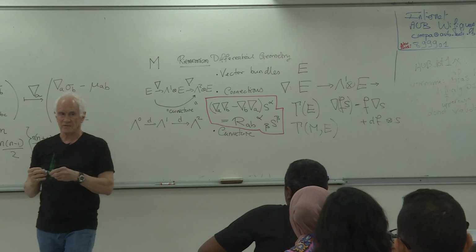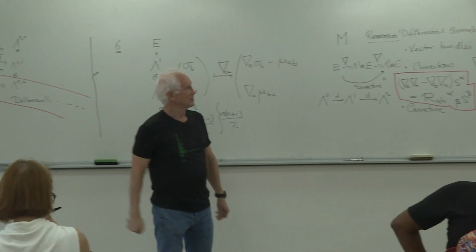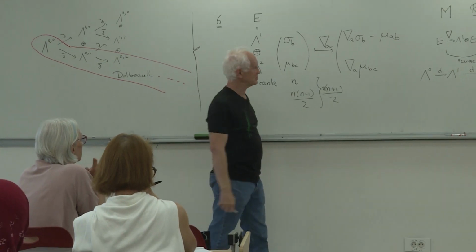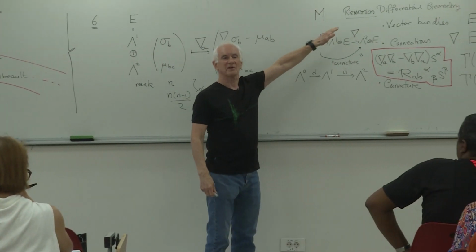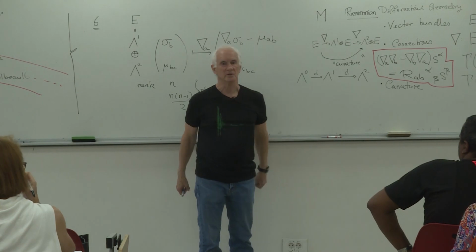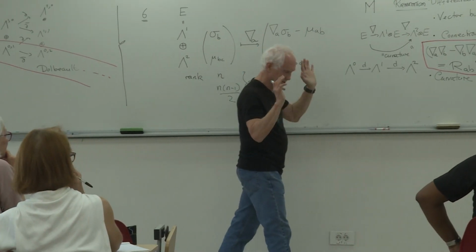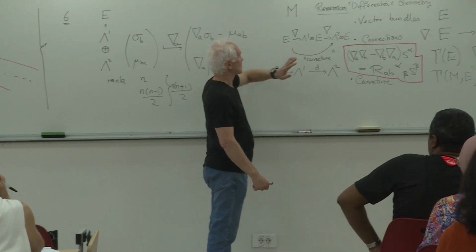So, Riemannian differential geometry, due to Riemann in the first instance, but developed by heaps of other people, lots of other classical people, like Levi-Civita and people, and just too numerous to mention.